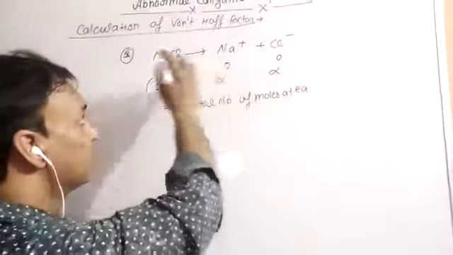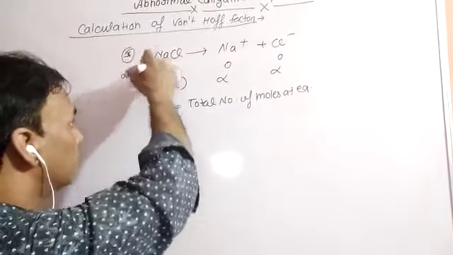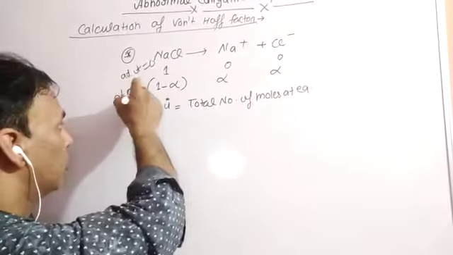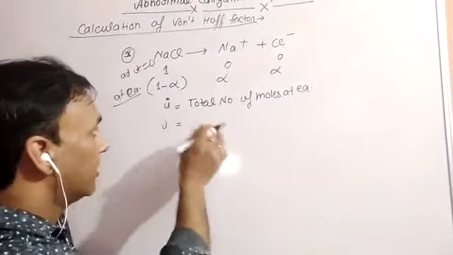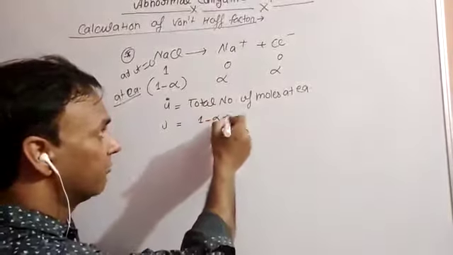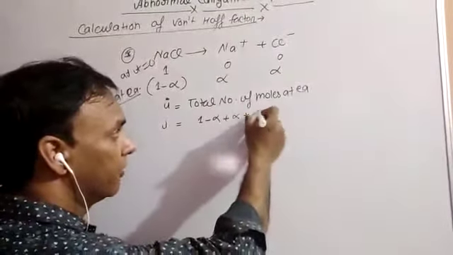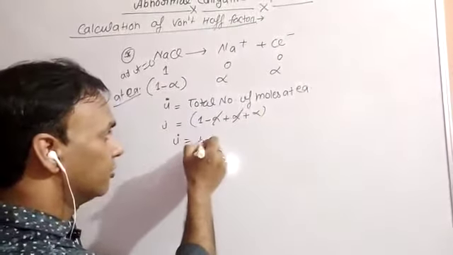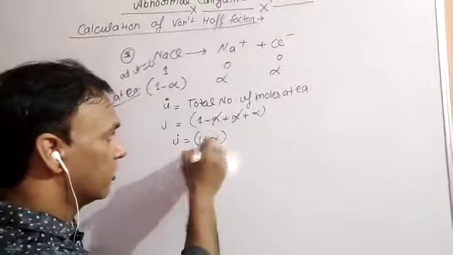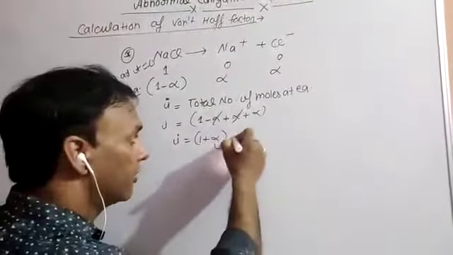This is the initial stage at t equals 0, and this is at equilibrium. The total number of moles at equilibrium is 1 minus alpha for sodium chloride, alpha and alpha. Then alpha cancels, so i equals 1 plus alpha.